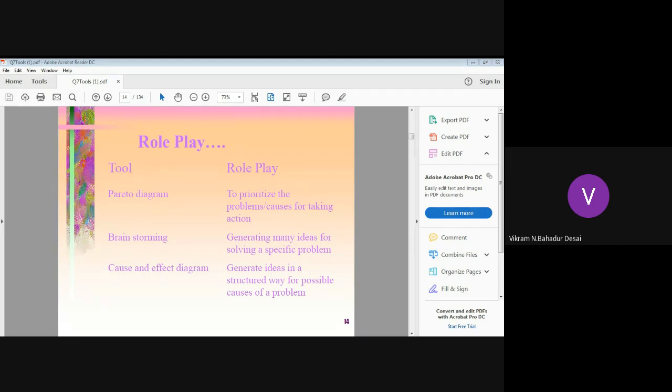Yes. Sir, the Pareto principle states that for many outcomes, roughly 80% of consequences come from 20% of the causes. Yes, correct. So 80% of the problems are created by 20% of the causes.